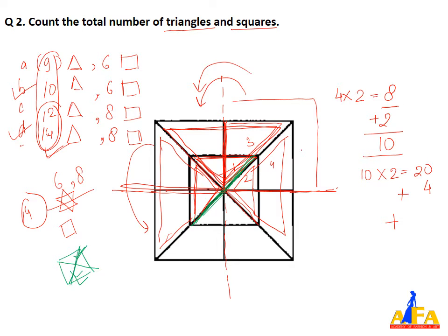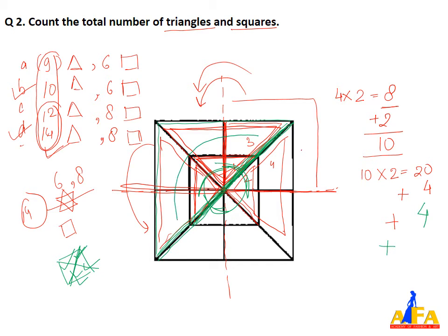And if there are 2 diagonals, then these also form triangles. So if there are 2 diagonals, then there are 4 equal similar triangles: 1 triangle, 2 triangle, 3 triangle and 4 triangle. So plus 4, plus there is one bigger square, so it is also having a diagonal.